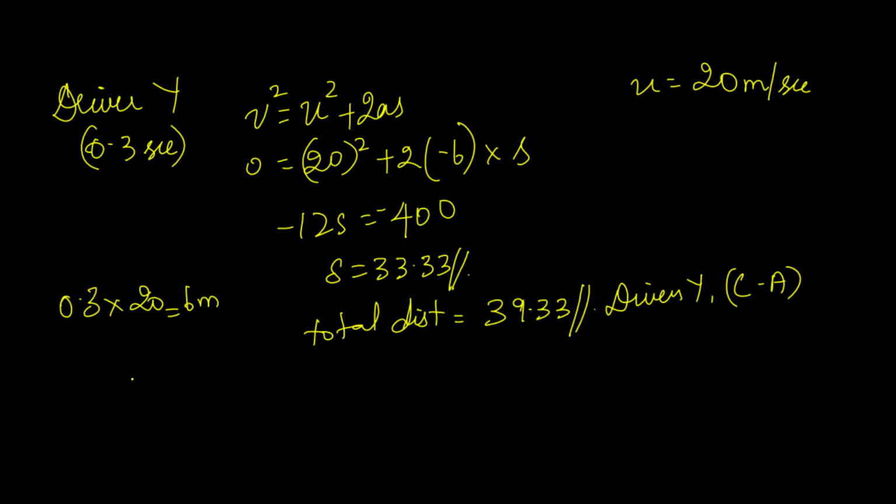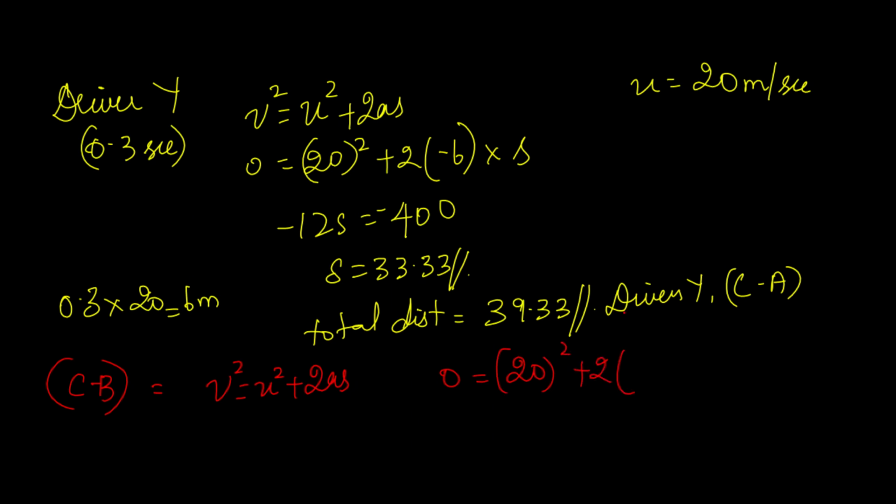Next, driver Y, car model B. V square equal to U square plus 2AS. V is 0, U is 20, and A is minus 7.5.